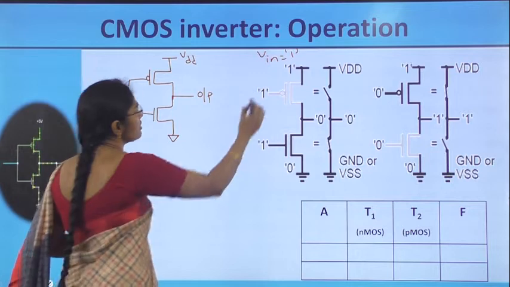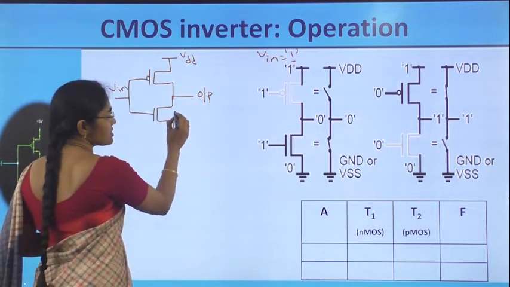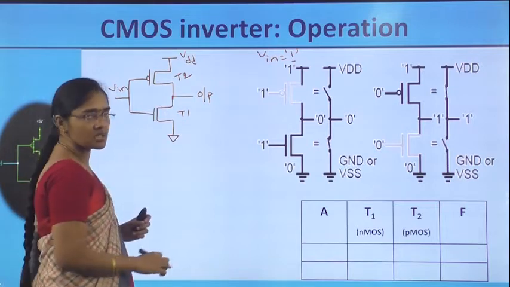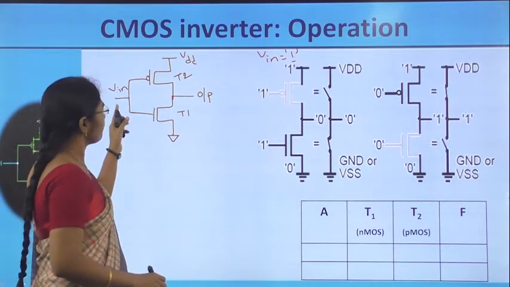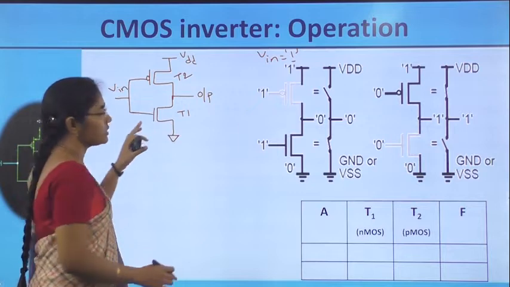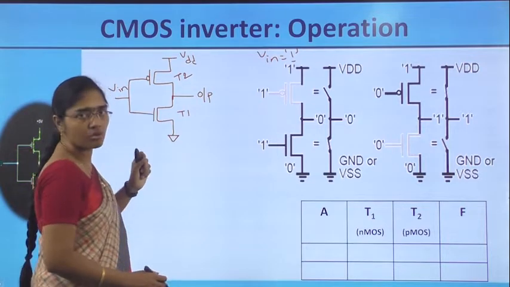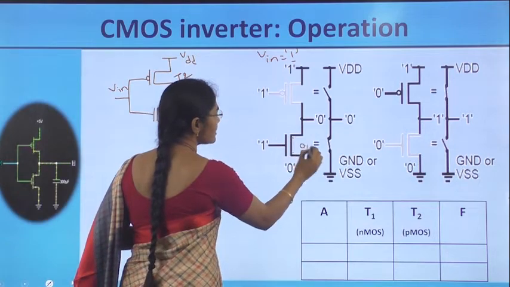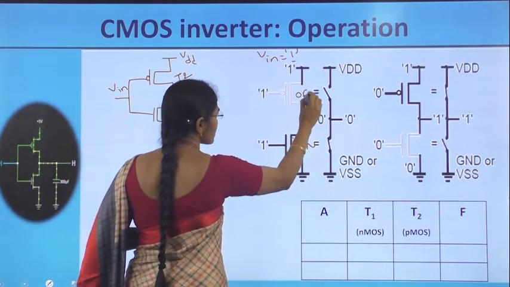Now, when Vin is equal to logic high, transistor T1 as NMOS and transistor T2 as PMOS is represented here. And for Vin equal to logic high, T1 is on and T2 is off. Then its equivalent circuit is represented like this: on transistor and off transistor.